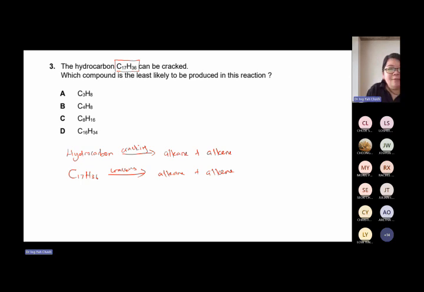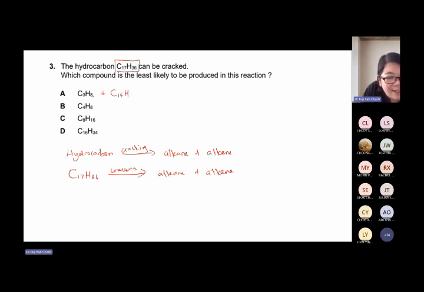So how do we check whether all these products are likely to be produced or not in the reaction? The method that I use is, I look at this product in A, C3H8. Then C17 minus C3 is C14.